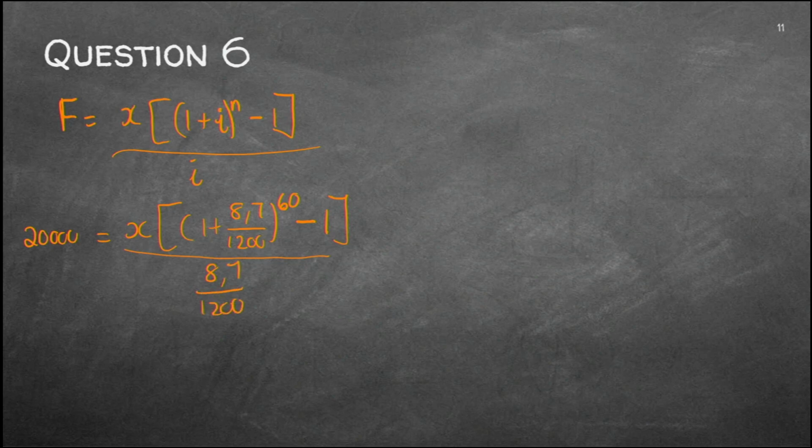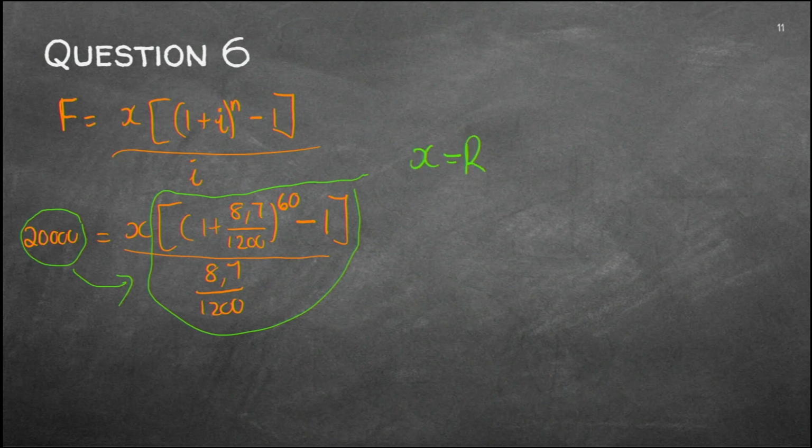Now we just need to simplify and solve for X. So I would literally use my calculator and calculate this whole section, and then just take 20,000 and divide it with your answer. And you should get a value of X equal to 267 rand 26 cents.